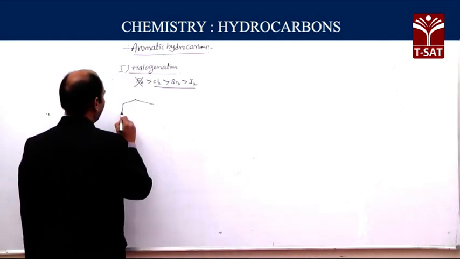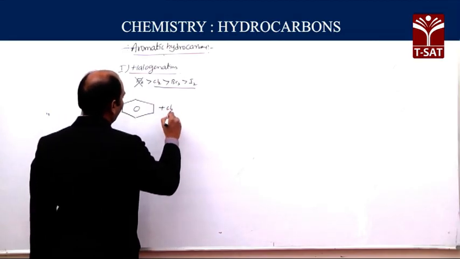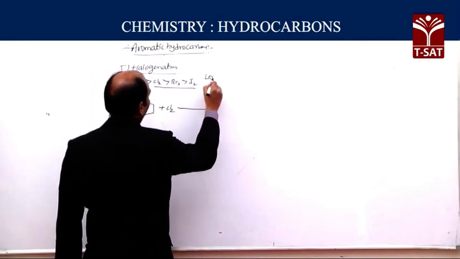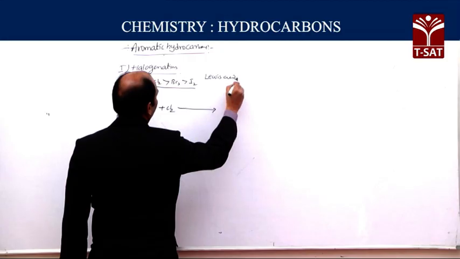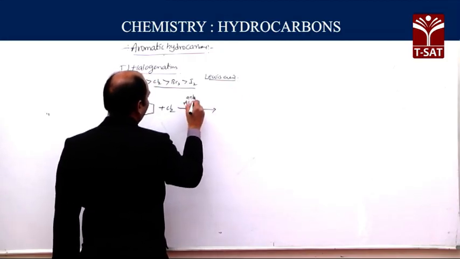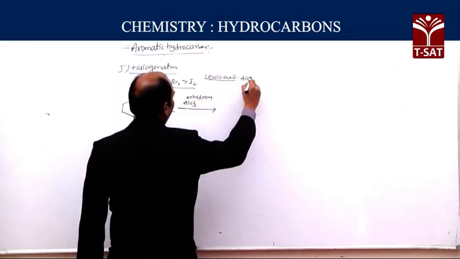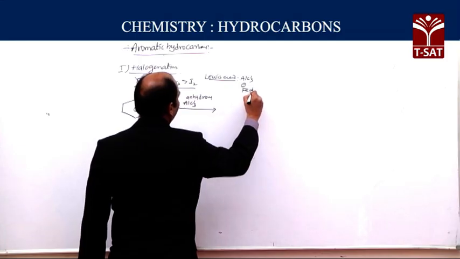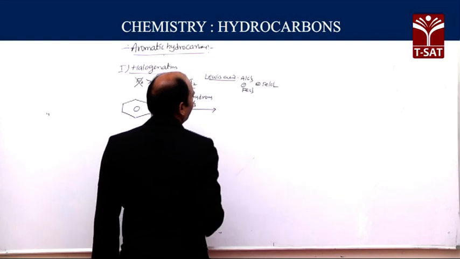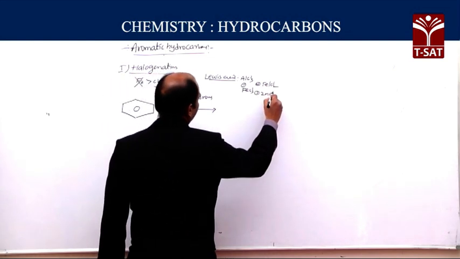Let us take benzene. Benzene is treated with chlorine in the presence of a Lewis acid. Let us take AlCl3, anhydrous AlCl3, or we can use FeCl3, that is Fe with Cl2, or ZnCl2.